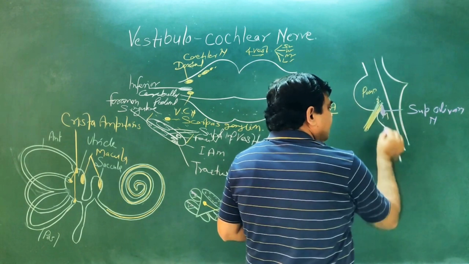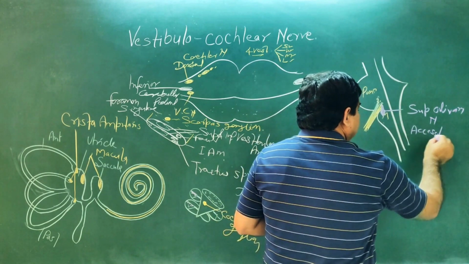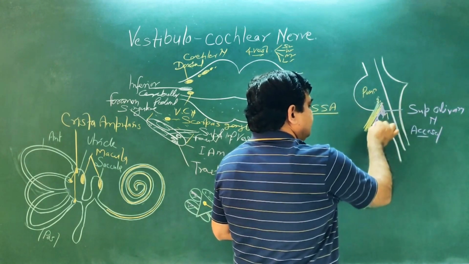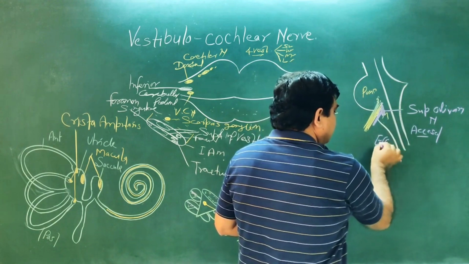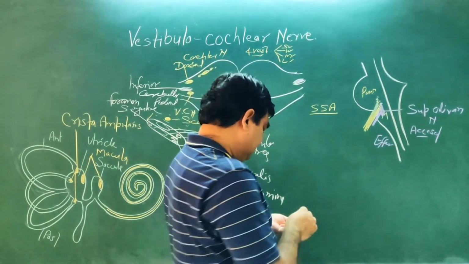Both nuclei give efferent fibers, so efferent fibers are also present, but very few in number.